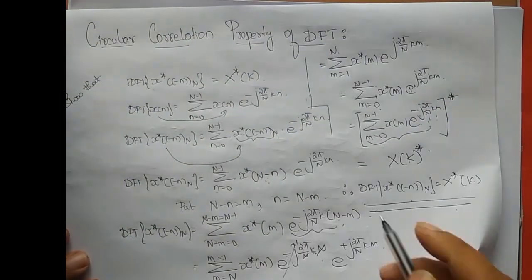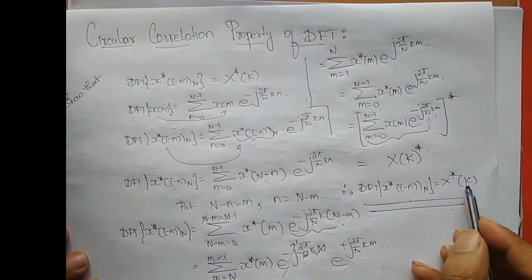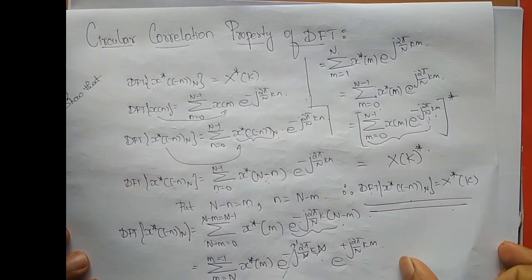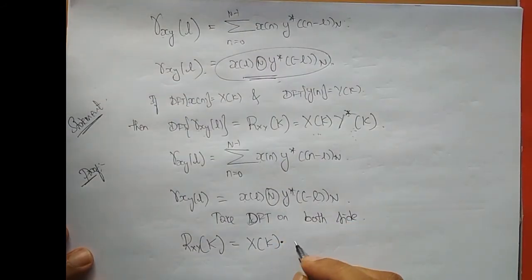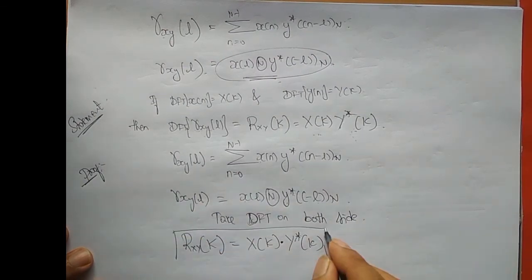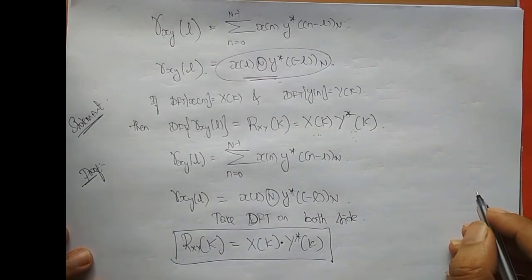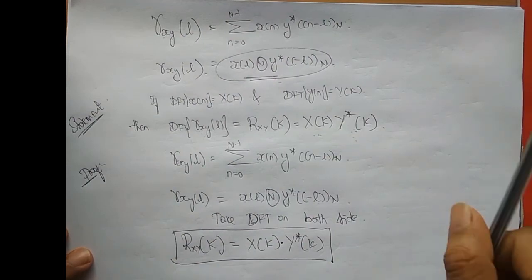If the DFT of x star of minus n mod N is x star of k, then the DFT of y star of minus L mod N is nothing but Y star of k. So this is the proof for the circular cross correlation property.